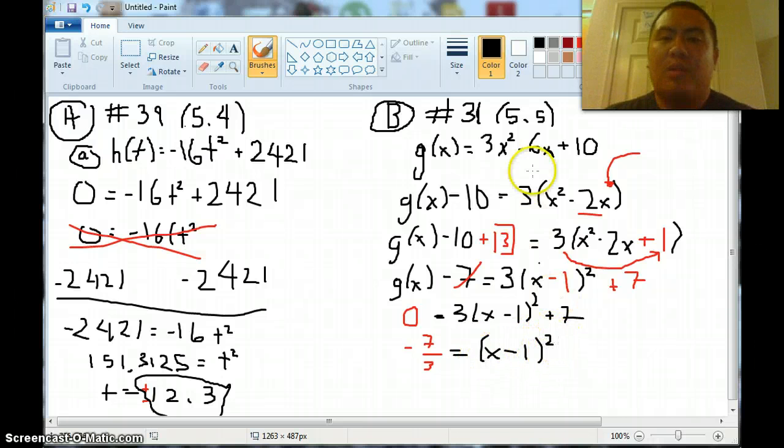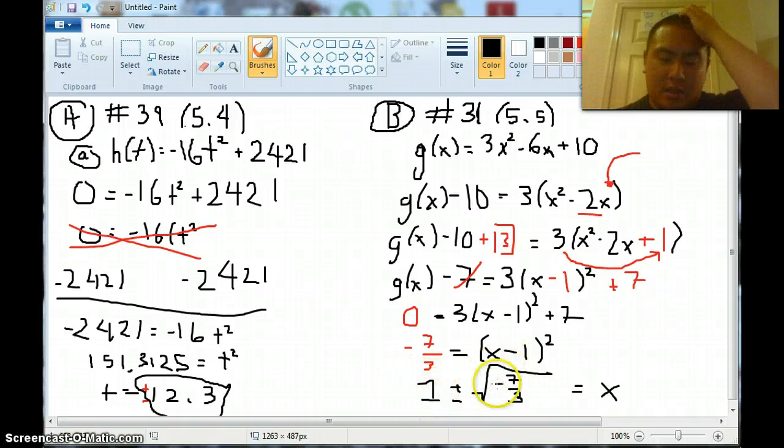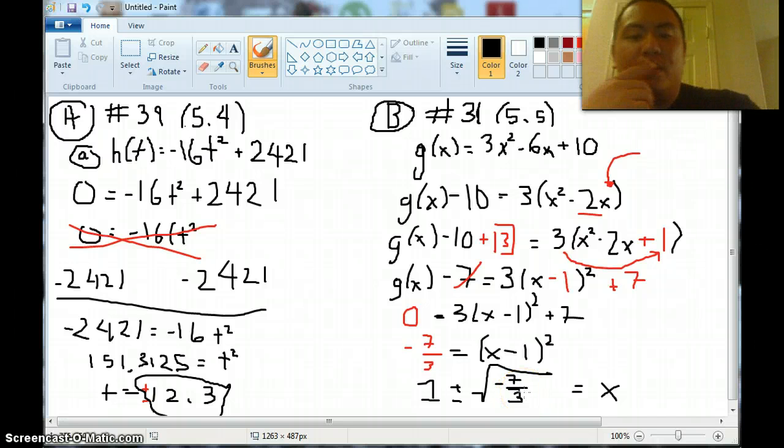If I take the square root of both sides, I should get plus or minus the square root of negative 7 over 3, and that is going to equal x. And I'm also going to add the 1 back over here. I added 1 to both sides. So that should be my answer. Now, this is not a very nice looking thing, right? 1 plus or minus the square root of negative 7 over 3.